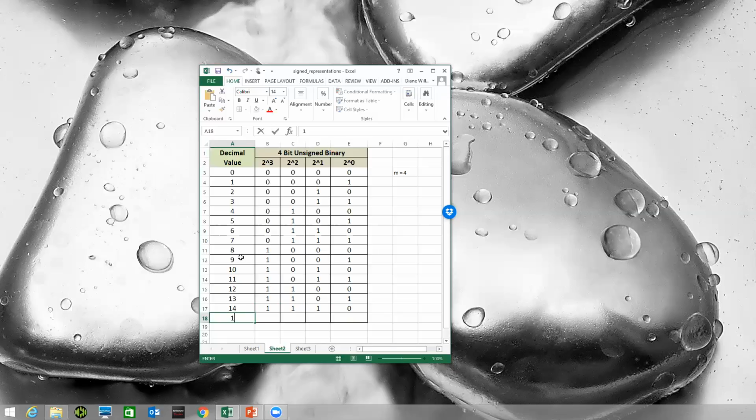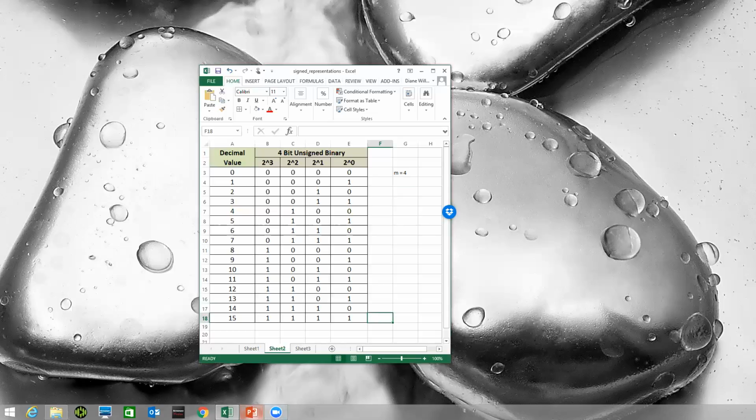And 15 is 8 plus 4 plus 2 plus 1. So with 4 bits, m equals 4, we have these 16 unique patterns, and for unsigned numbers they equate to the decimal values 0 through 15. So there's an example of how we represent our unsigned values.